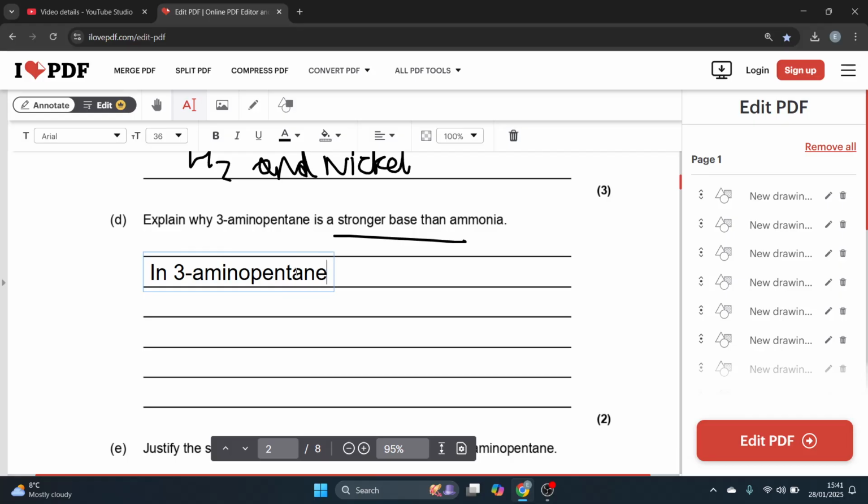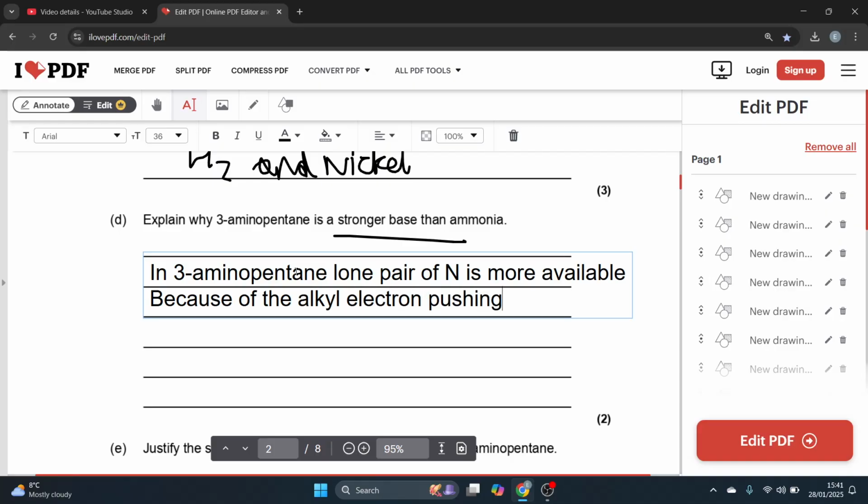So in 3-aminopentane, the lone pair on nitrogen is more available. Because of what? Because of the alkyl groups. Alkyl electron pushing, the inductive effect. That's it, really.